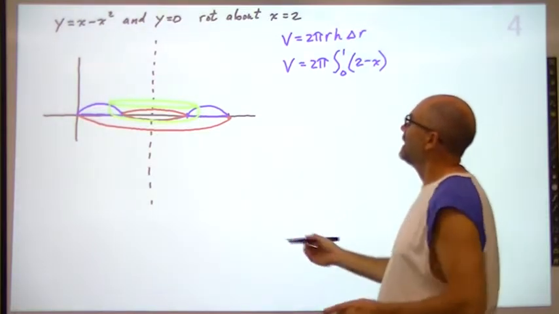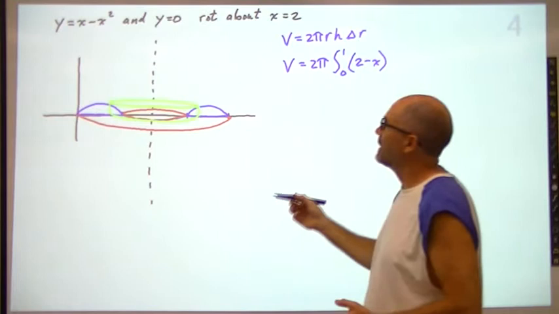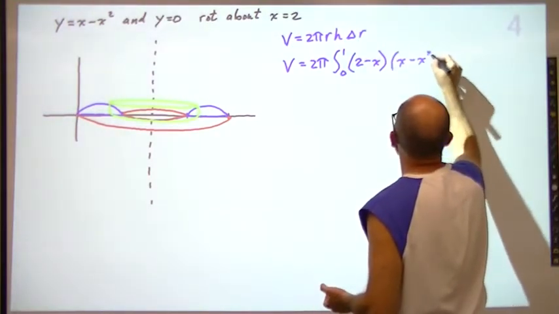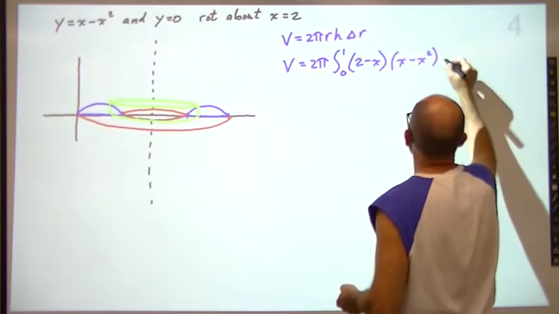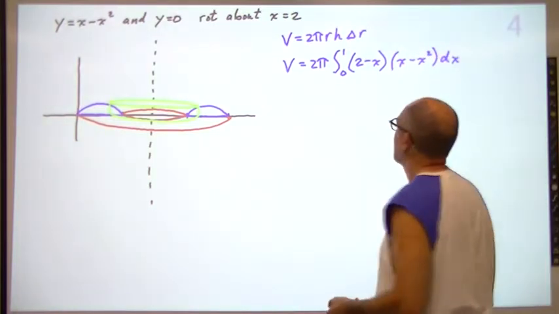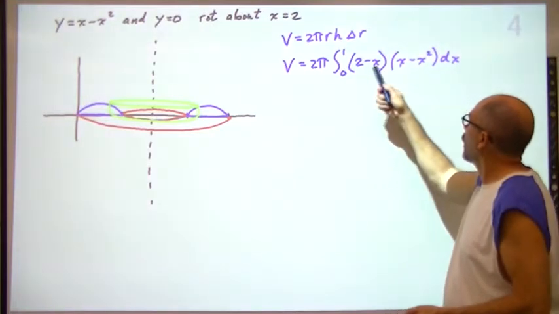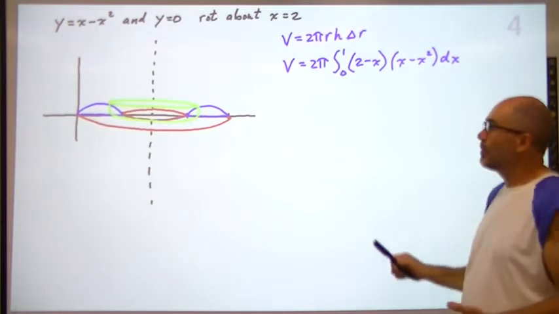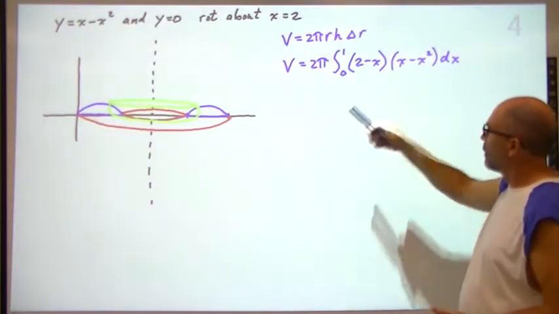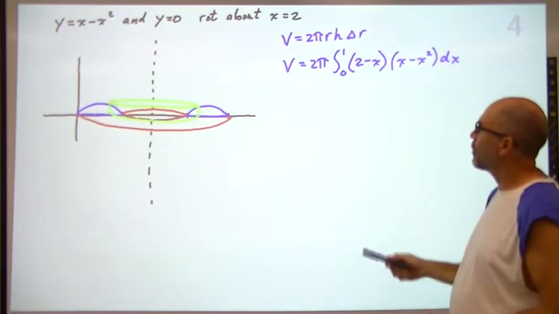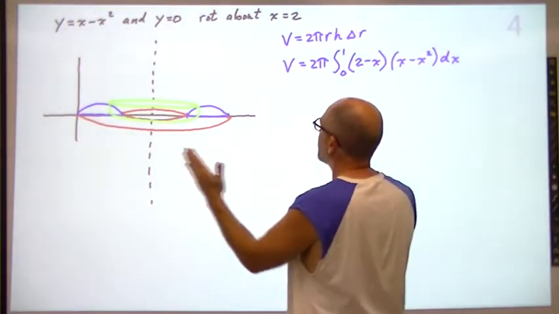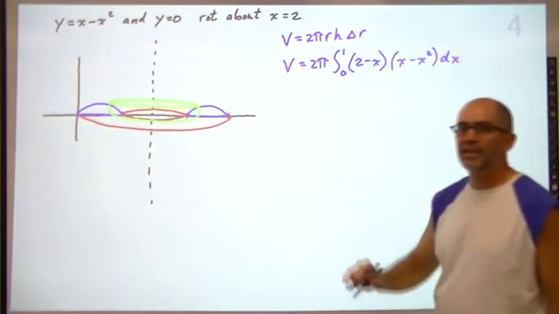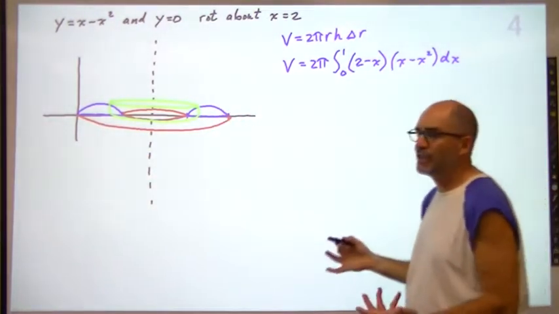Well, my height is the function x minus x squared at any point. So it's going to be x minus x squared. And then my thickness, dx. There we are. 2 pi r h delta r. Now, this is going to take a little while when it's something like this, but just remember, when I'm counting a horizontal distance, I go right minus left. When I'm counting a vertical distance, I go top minus bottom every time.